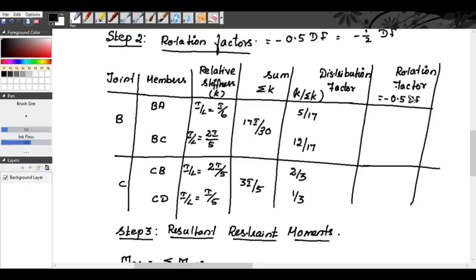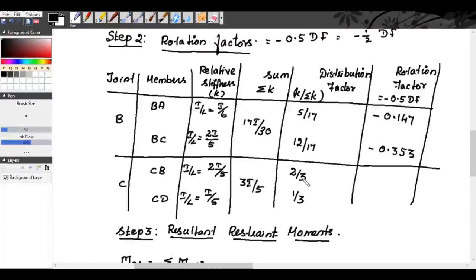So our rotation factor is 5 by 17 multiplied by minus 0.5, we get minus 0.147. Similarly, 12 by 17 multiplied by minus 0.5, we get minus 0.353.